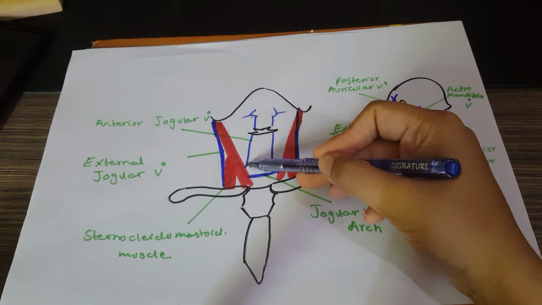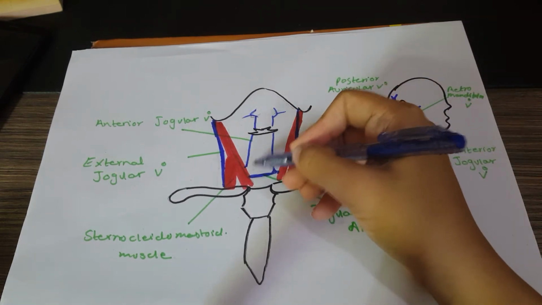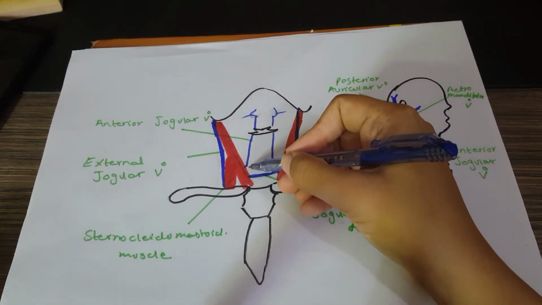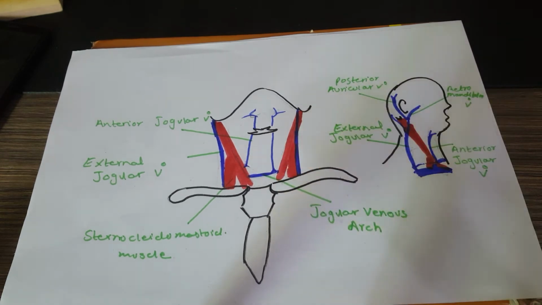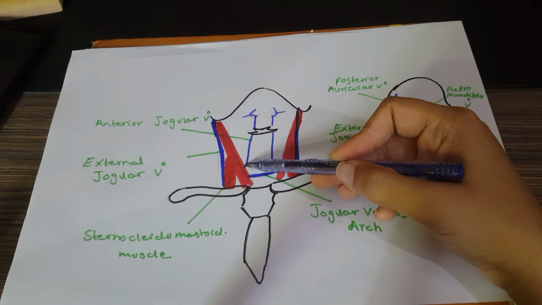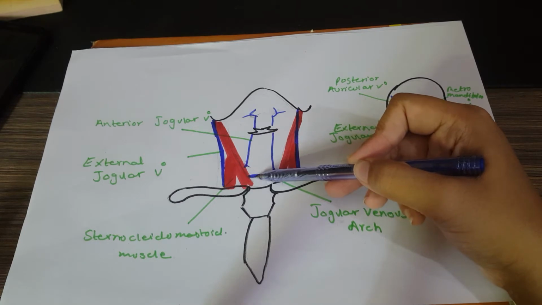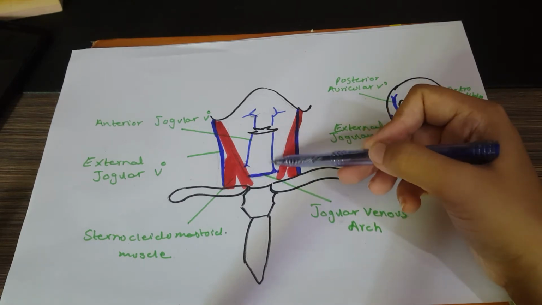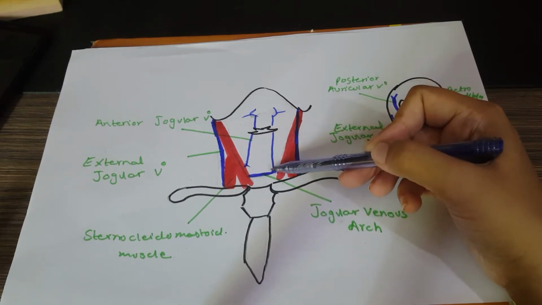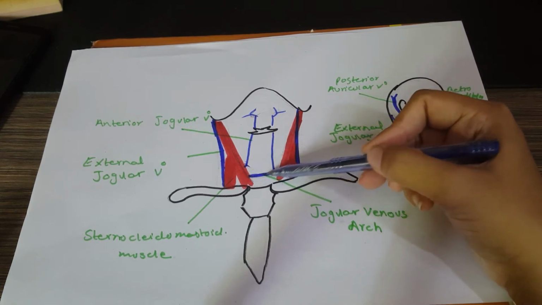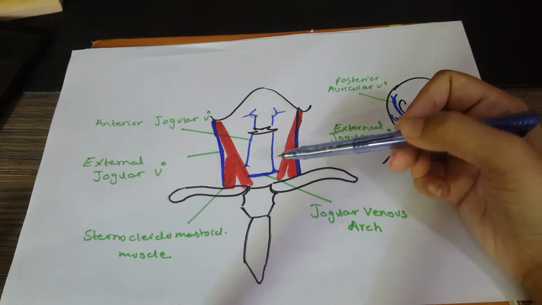The anterior jugular vein, 2.5 centimeter above the sternum, pierces the investing layer of deep cervical fascia and enters into the suprasternal space and joins the contralateral, or opposite, anterior jugular vein through the jugular venous arch.